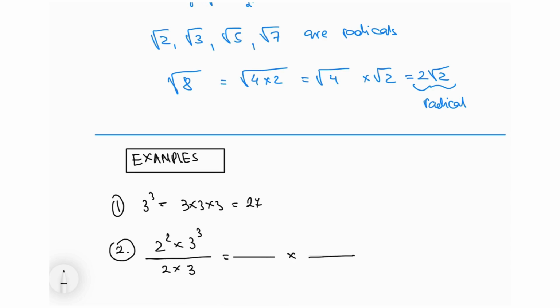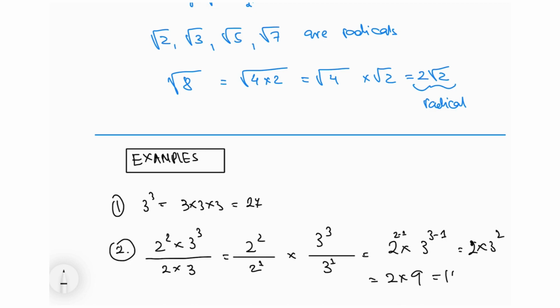You can split that: 2 squared over 2, 3 cubed over 3. That is 2 times 3 to the power 3 minus 1, so this is to the power 2, which is 2 times 3 squared, which is 2 times 9, which is 18.